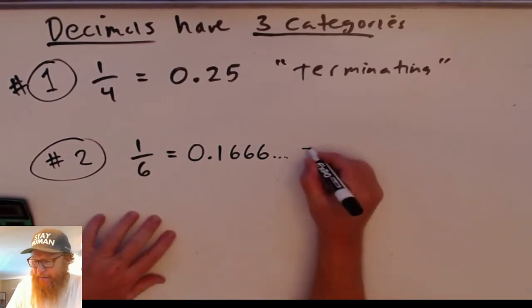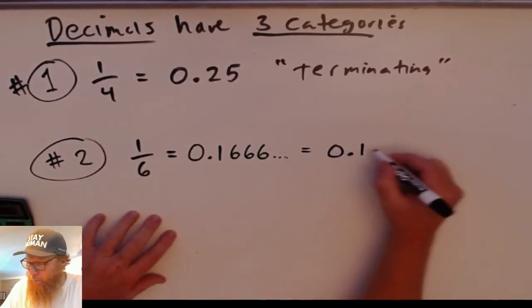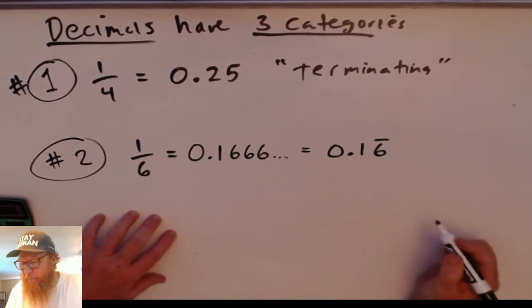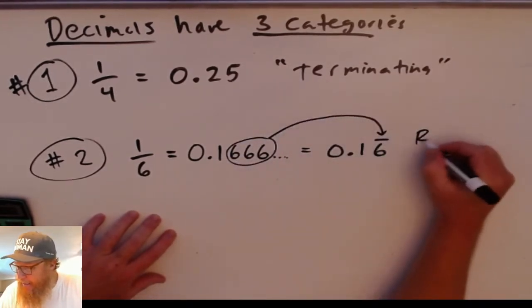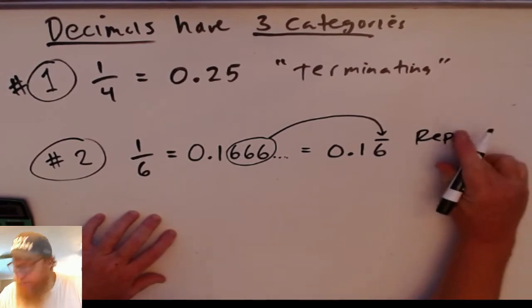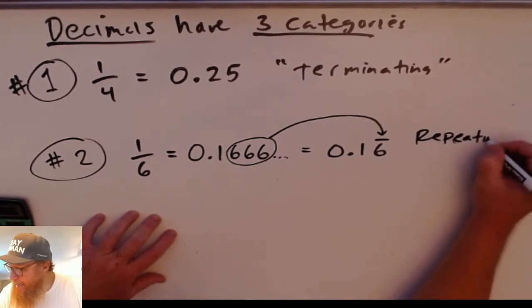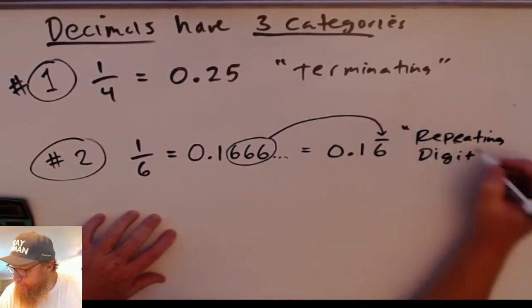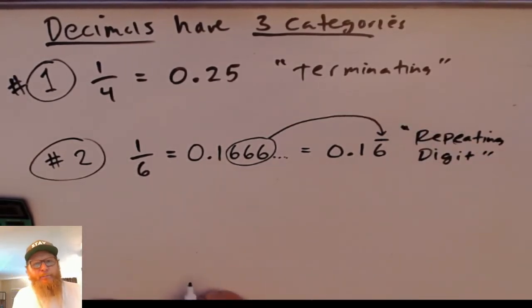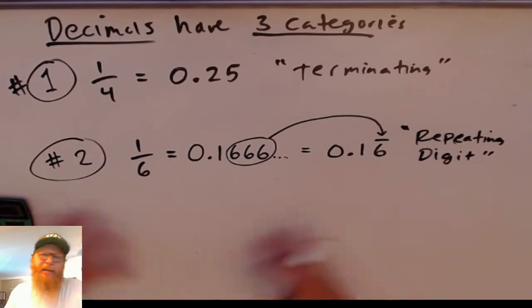So we rewrite this as 0.16, and then we put the bar above the digit that's repeating. And this is category 2. This is called a repeating digit. And we're going to get more into this.